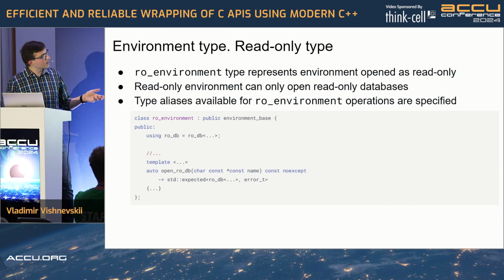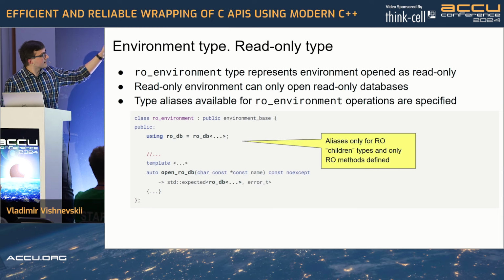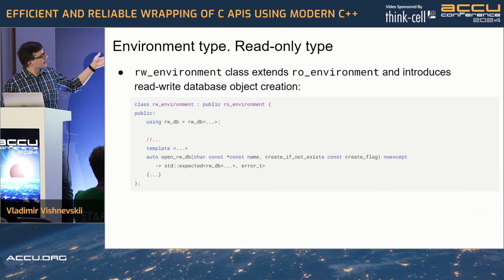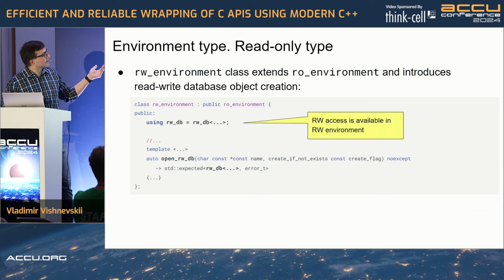In our case, we can have the read-only environment that has only type declarations and methods that correspond to read-only access. And we can then extend the read-only environment by the read-write environment.